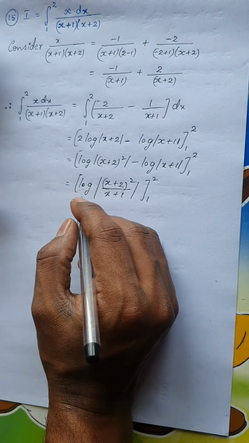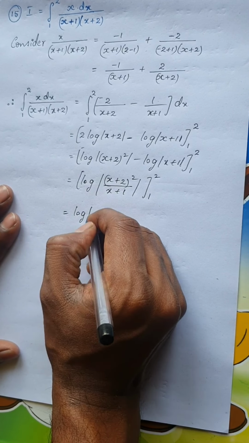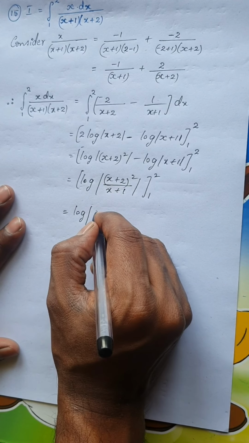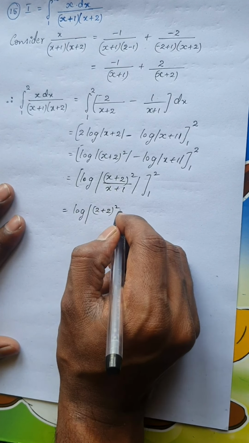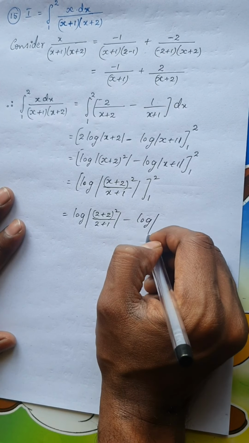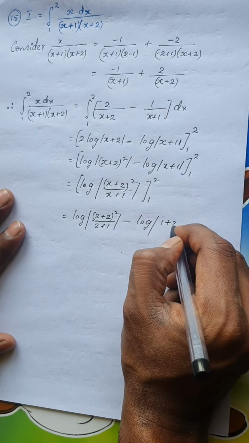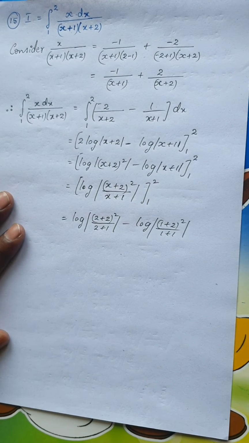Apply the upper limit: log of mod 2 plus 2 whole square divided by 2 plus 1, minus log of mod 1 plus 2 whole square divided by 1 plus 1.